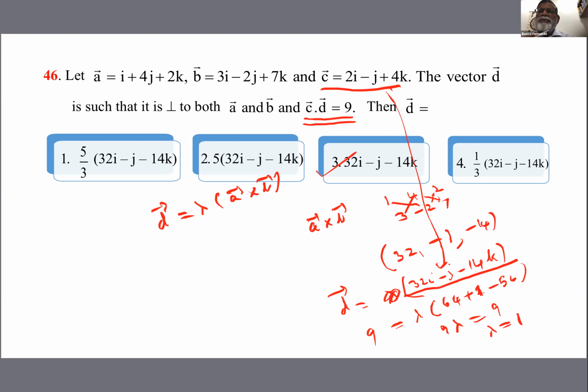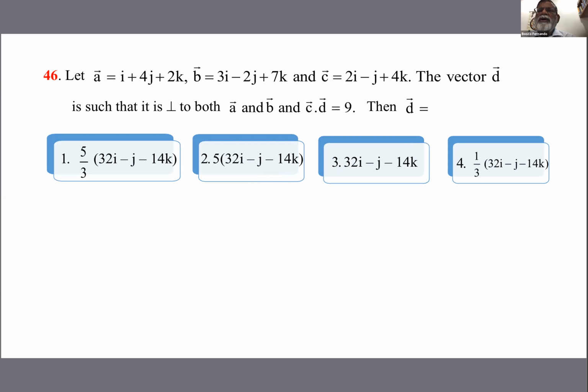So if you look at this problem, all the options have 32I like this. So the vector is along the direction of the vector 32I minus J minus 14K.